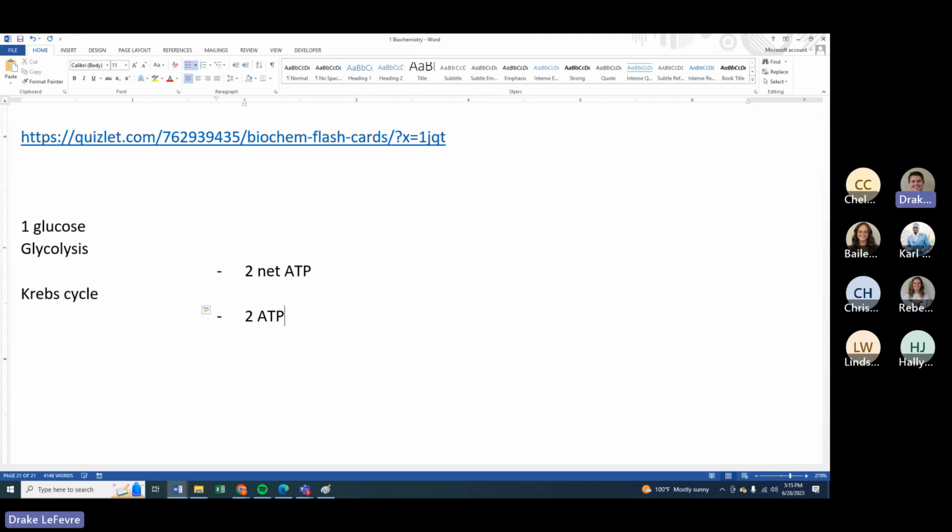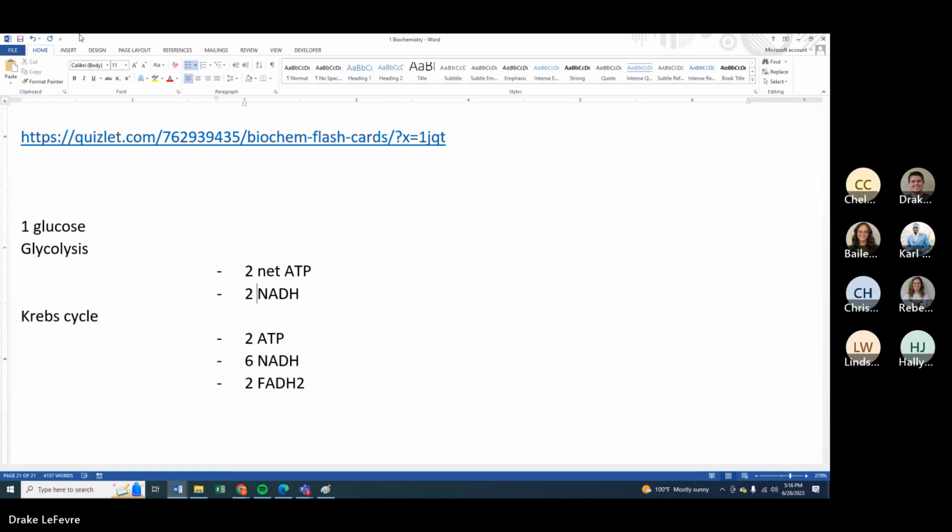We get another 2 ATP. We also get 2 NADH. And how many NADH do we get from the Krebs cycle per glucose molecule? We get 6, or 3 at each turn, right? 3 each turn, but 6 total. And then we get 2 FADH2.